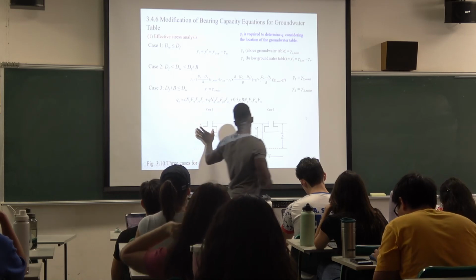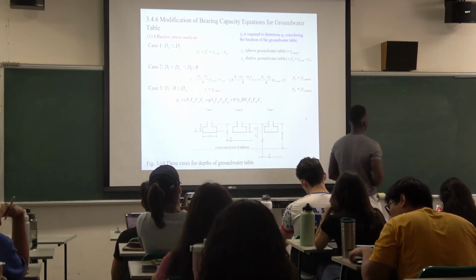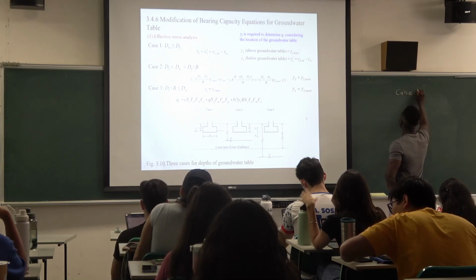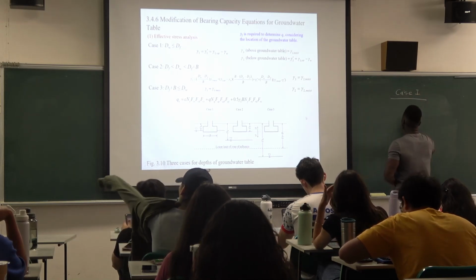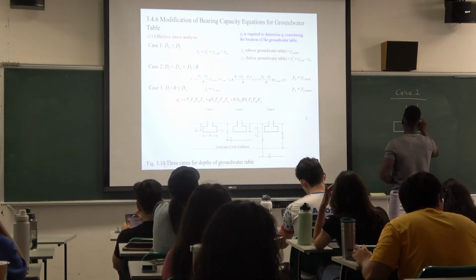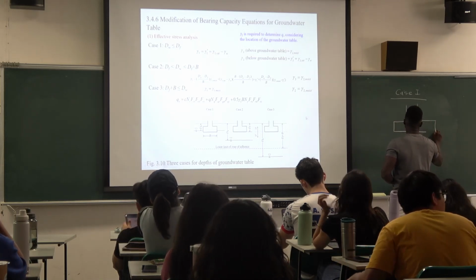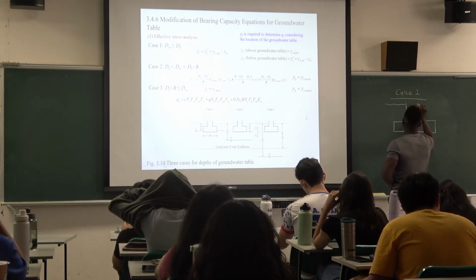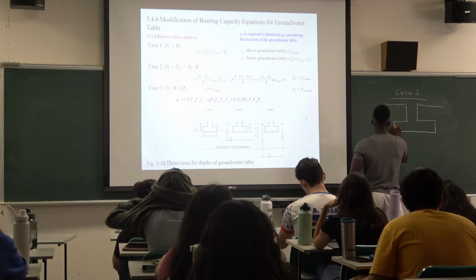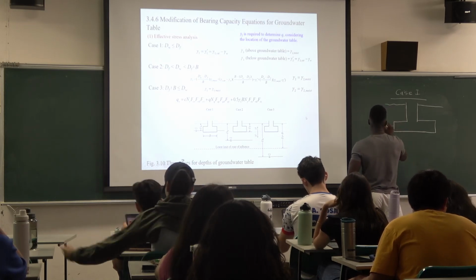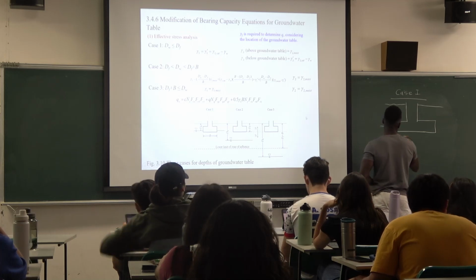So this one here is case 1. For example, in case 1, this is the strip footing, like this. And then you probably have your water level here.